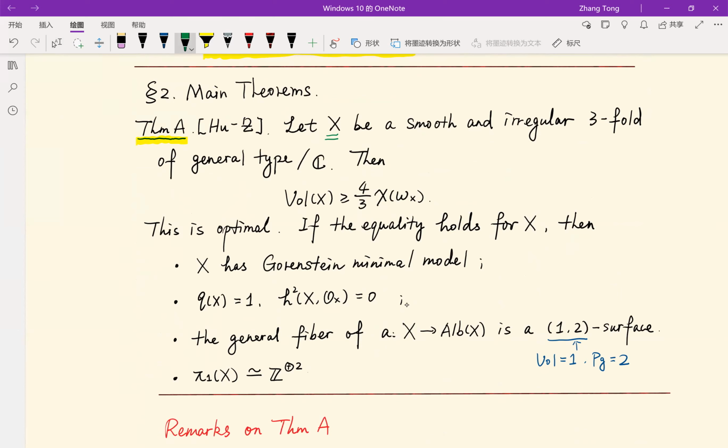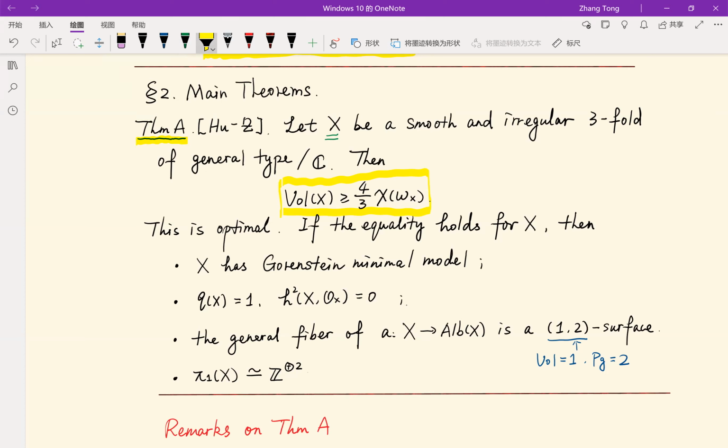The correct version of the inequality is this one: the canonical volume is at least 4/3 times the Euler characteristic of the dualizing sheaf. That's the main inequality I want to introduce.